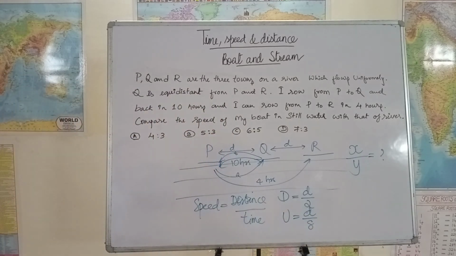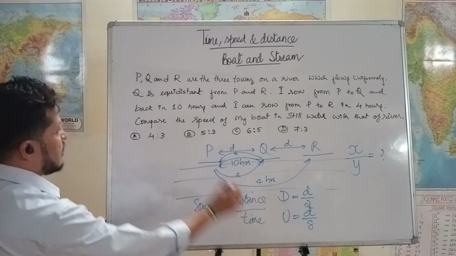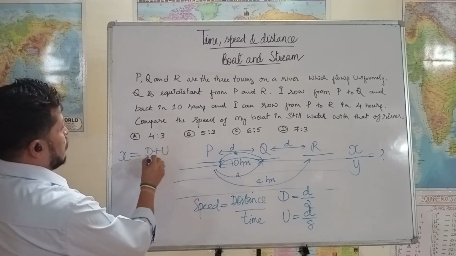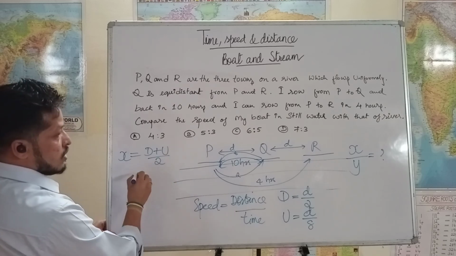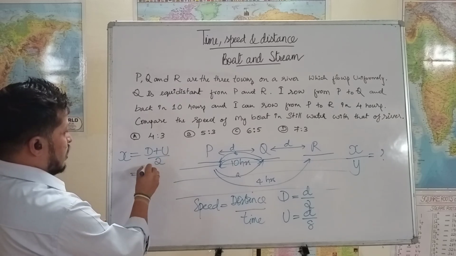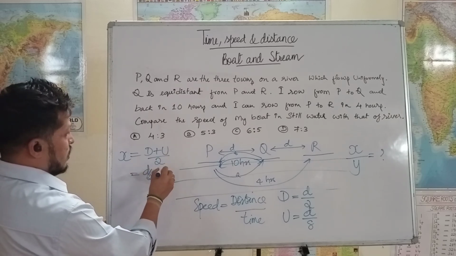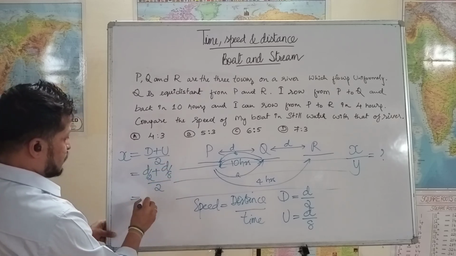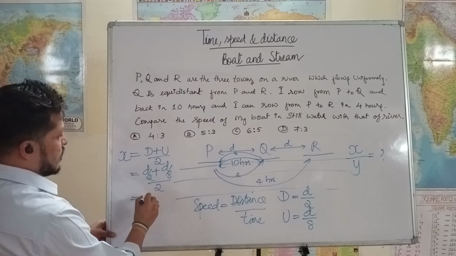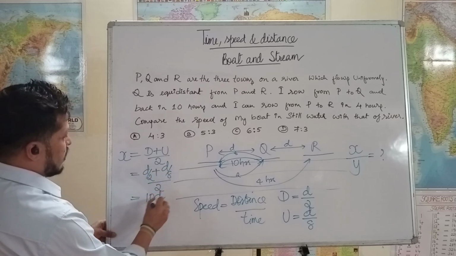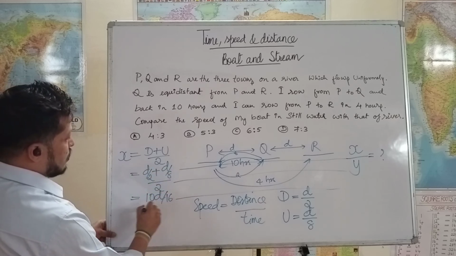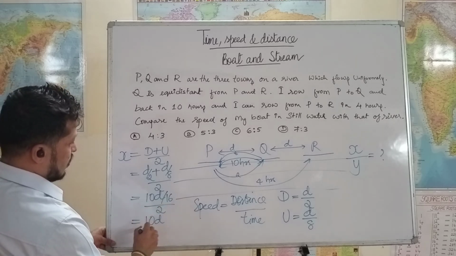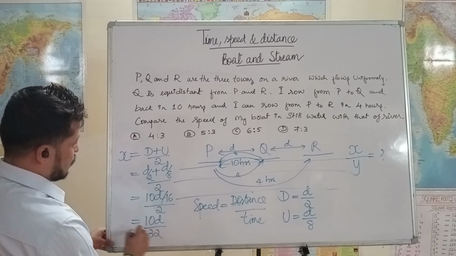Now what we need to find? x by y, right? So what is the formula for x? x is equal to (d plus u) by 2, which is (d by 2 plus d by 8) divided by 2, which is equal to (8d plus 2d is 10d) divided by 16, whole divided by 2, which is equal to 10d by 32. This is x.